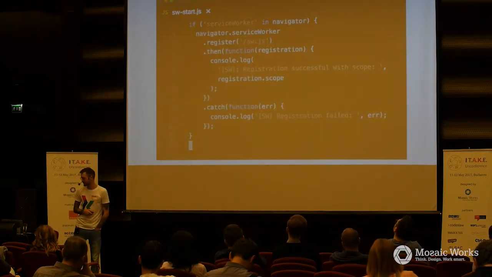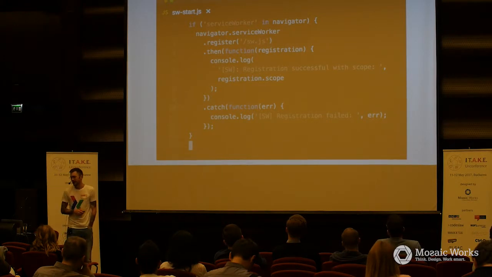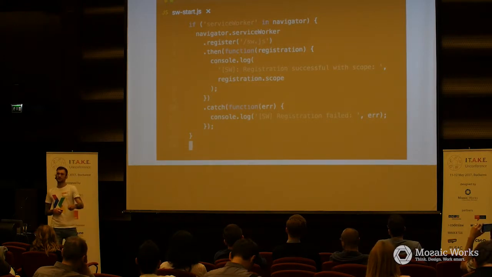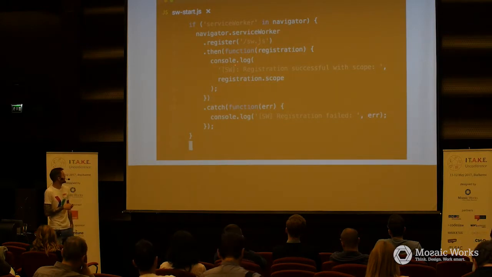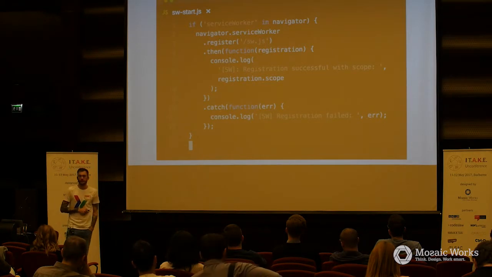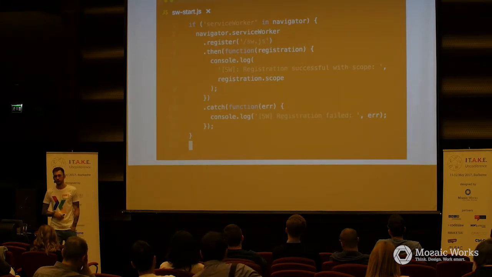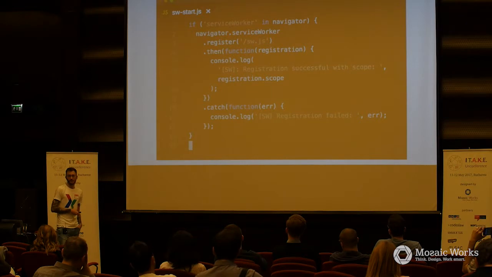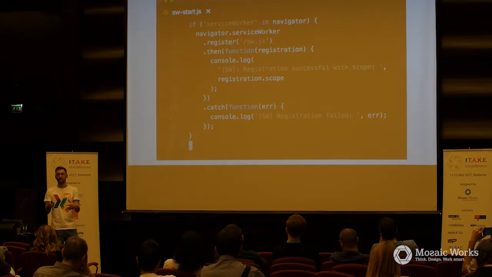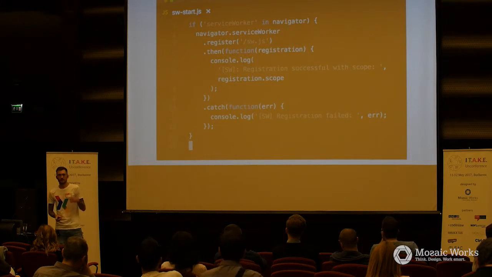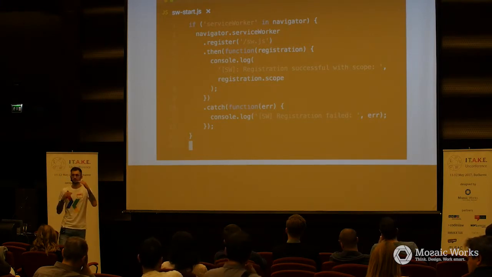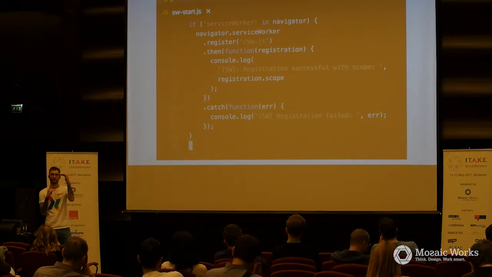So this is a code example saying how we can start the service worker. We start by registering it, and it's just a simple JS file. This registration phase can fail or can be okay. It's promise-based, and if the service worker's registration was okay, you are basically entitled to a specific scope that you can start to manipulate.